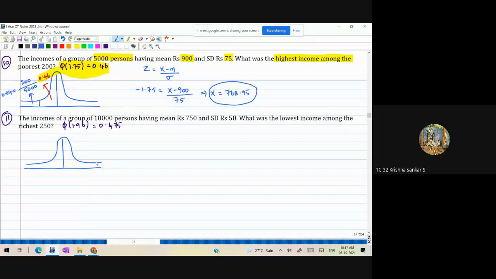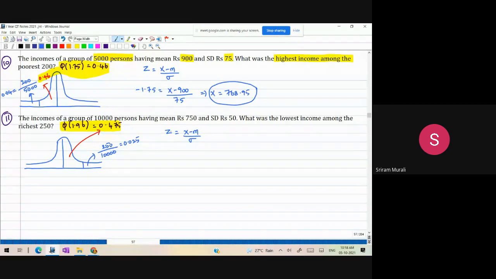Sir, first richest divided by total. It will come in the right hand side. Very good. How many are the richest? 250. So this comes to 0.025. Then the remaining area should be this, 0.47. Now you know what Z is. Z is equal to x minus m by sigma.